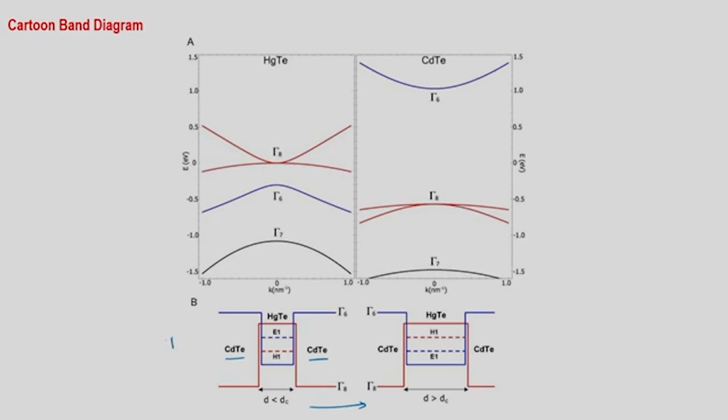So this is a trivial insulator, and this is a topological insulator, in particular a QSH phase that emerges.